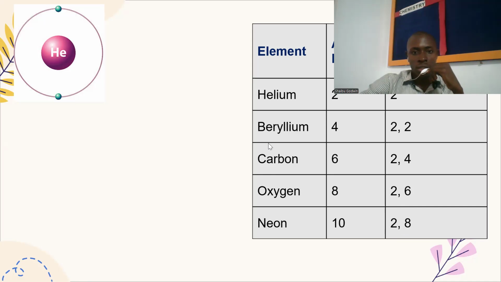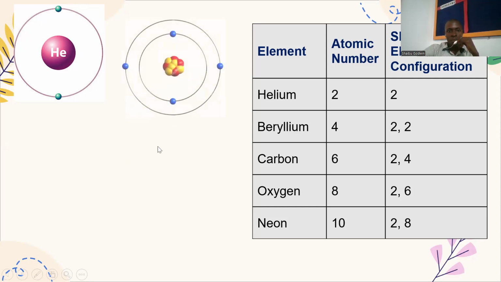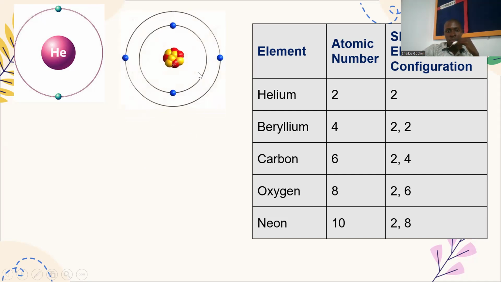Okay, let's look at other atoms. This is helium. Helium has 2 electrons, and both electrons are occupying the K shell. This is beryllium.